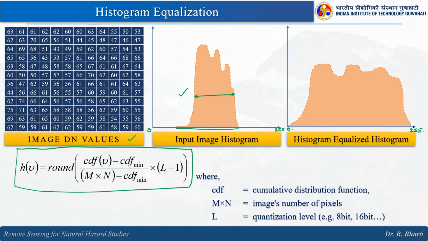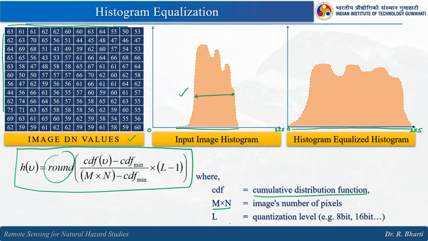Now, we will be occupying the full range, which is 0 to 255. Here, this is the rounding of the value you get from this. CDF is used; CDF is the cumulative distribution function, and m into n is the size of the matrix. So, you take the total number of pixels in this and this direction.